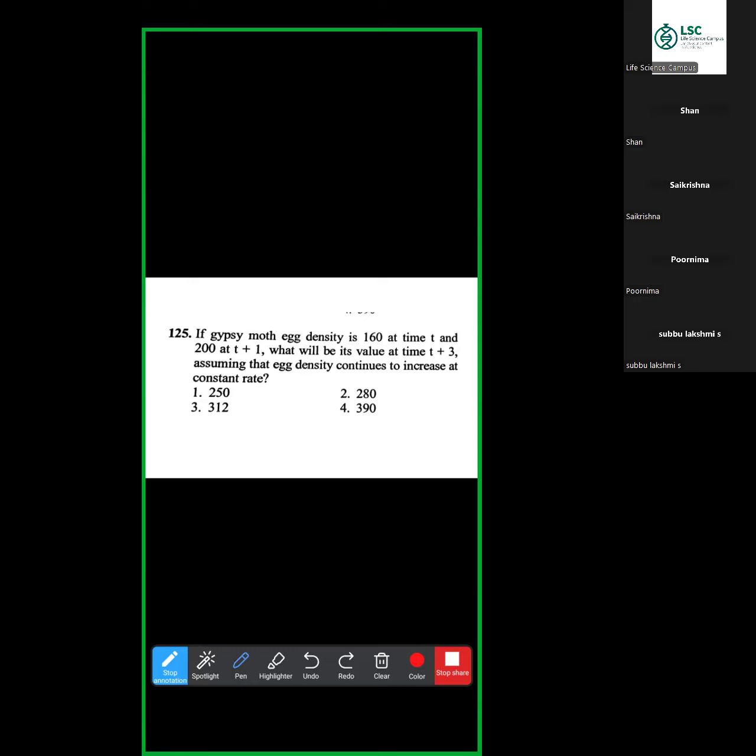If gypsum egg density is 160 at time t, NT is 160, and 200 at t plus 1, NT plus 1 is 200. What will be its value at time t plus 3? So we want to find out gypsum egg density at time t plus 3, assuming that egg density continues to increase at a constant rate.